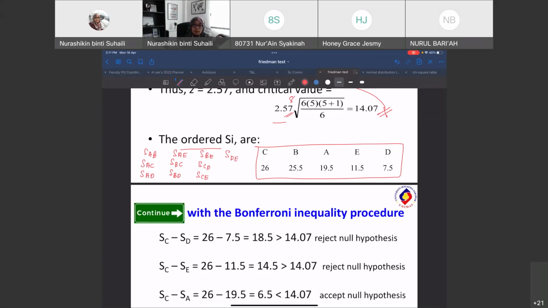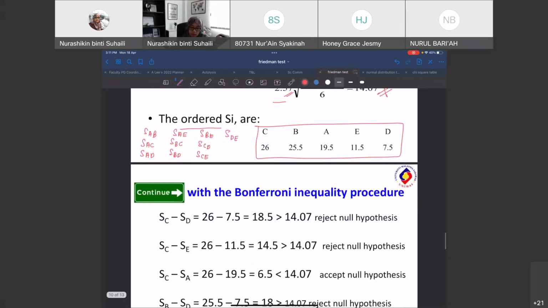SAB is equal to SBA, so that's why I don't write down SBA. How you match it? You just match one by one. AB, AC, AD, AE, BC, BD, BE, CD, CE, and finally DE. So altogether there are 10 pairs.